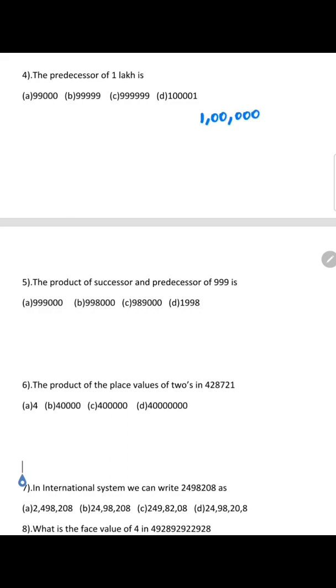This is how we write 1 lakh. The predecessor means the number before this one. So 99,999 is the predecessor of 1 lakh. So the correct option is B.